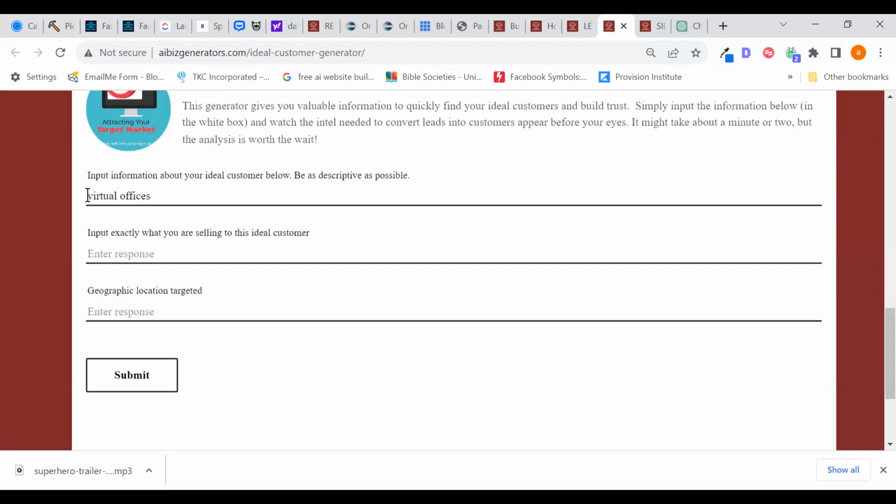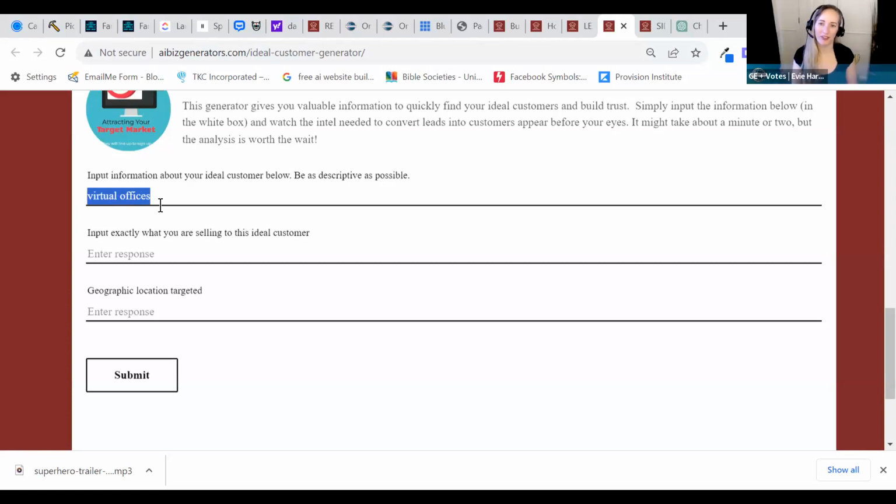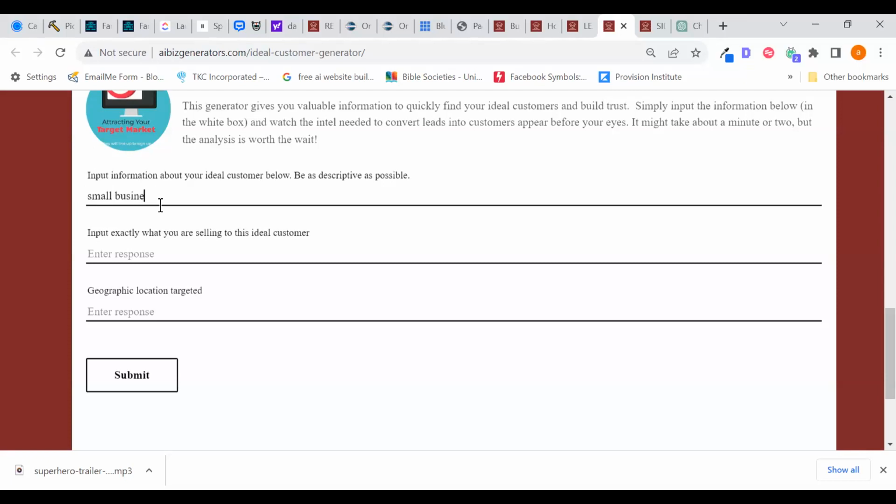So your ideal customer is not a virtual office. Is it a small business who's looking for virtual offices? Are they typically small businesses? Small businesses or nonprofits, usually, yes. Okay. Sometimes large businesses.